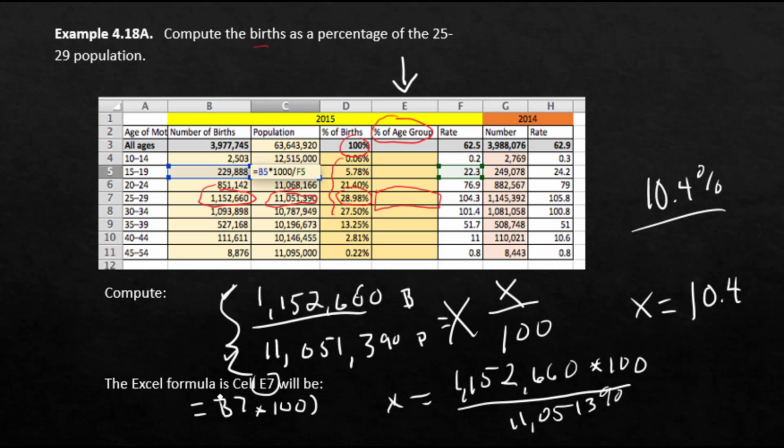I'm going to put that in parentheses. And then divide that by C7. And after you do that, I would then make it a percentage by hitting the percentage key. That will be the percent.